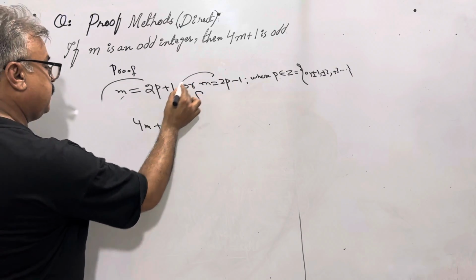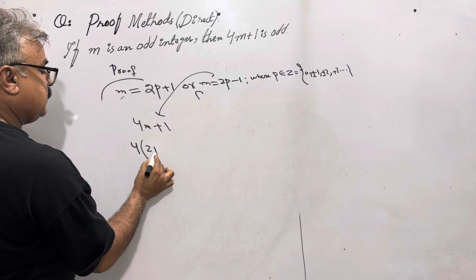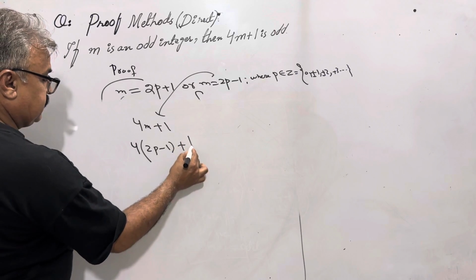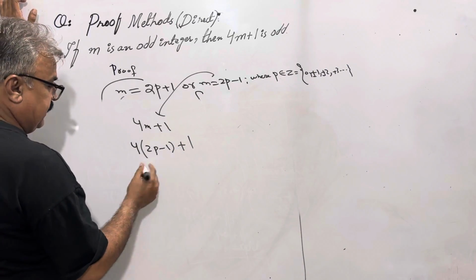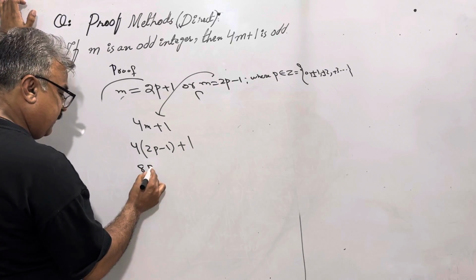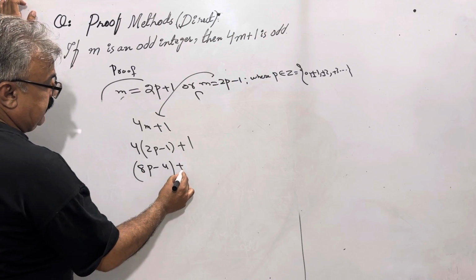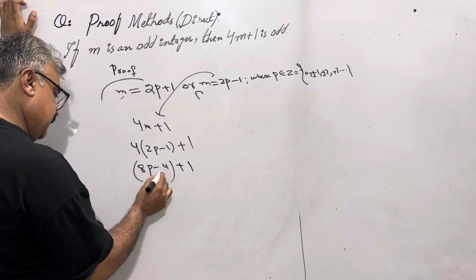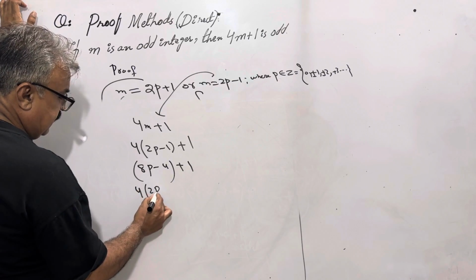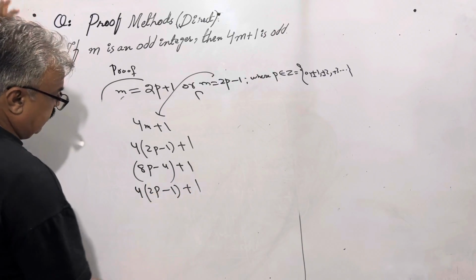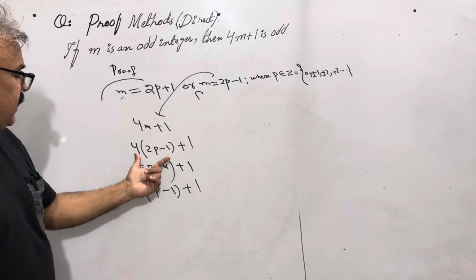Now we plug in the value 2p minus 1 instead of m: 4 times (2p minus 1) plus 1. Multiplying 4 times 2, we get 8p minus 4, and here I have plus 1. Taking 2 common, or 4 common, I have 2 times (4p minus 1) plus 1. It's up to you.